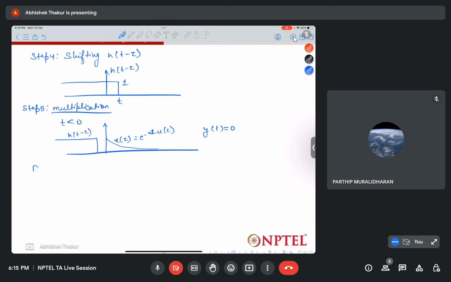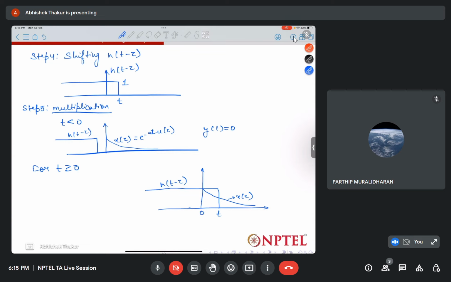Now for t greater than or equal to 0, this is our x tau, and this is our h t minus tau.